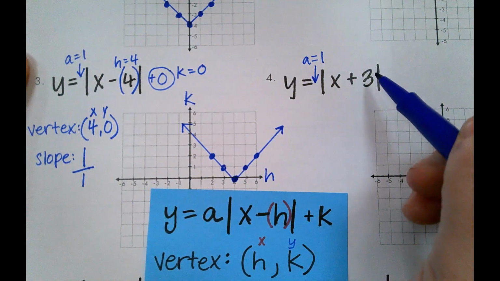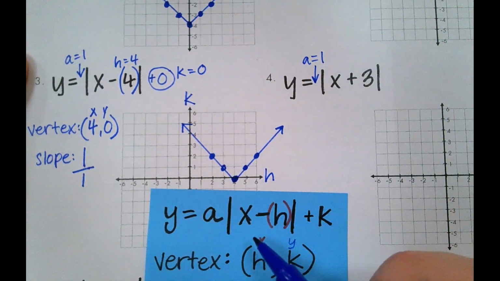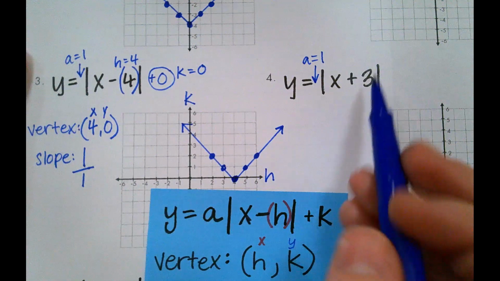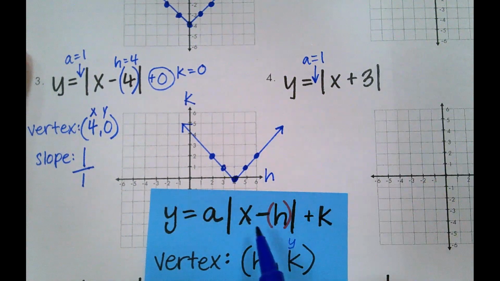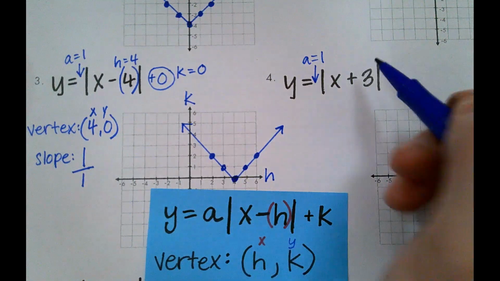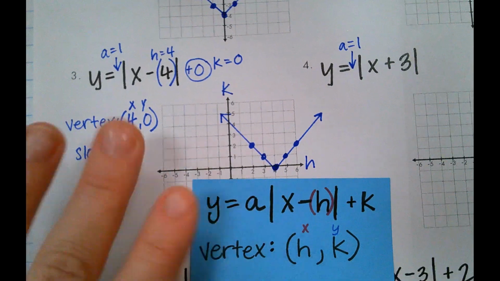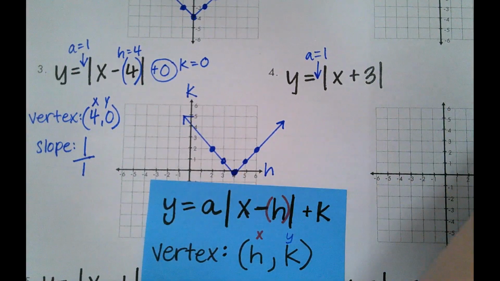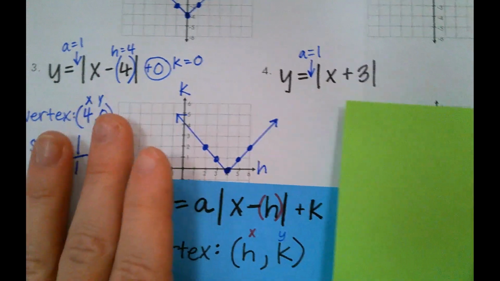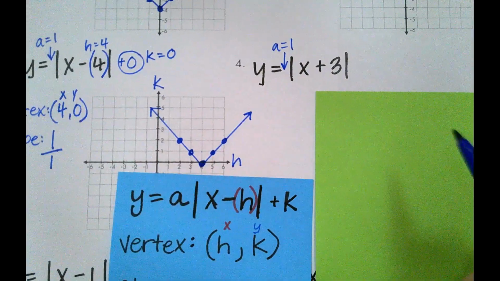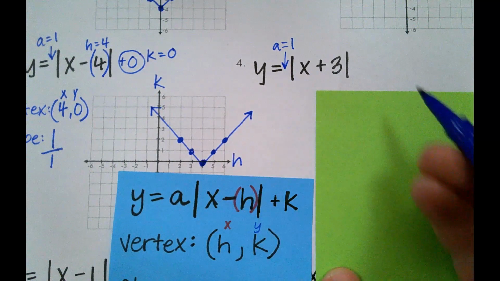Now here's again where it gets confusing with my H. If I have a +3, but minus is part of the formula, the only way for that to be +3 inside, I'm gonna show you this, is, let's see.